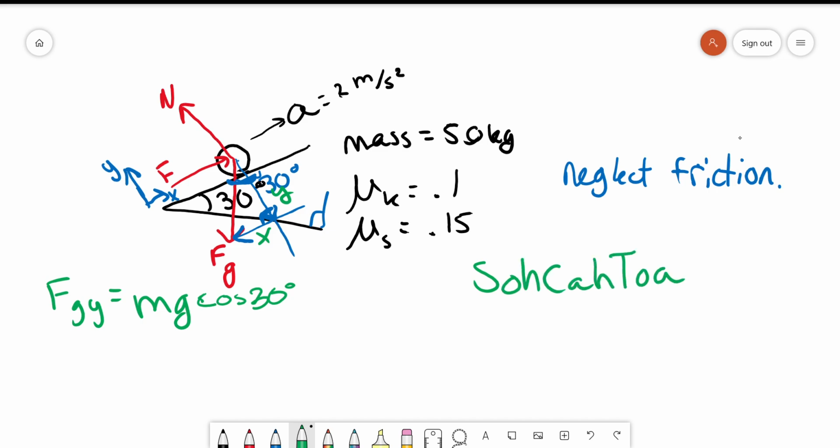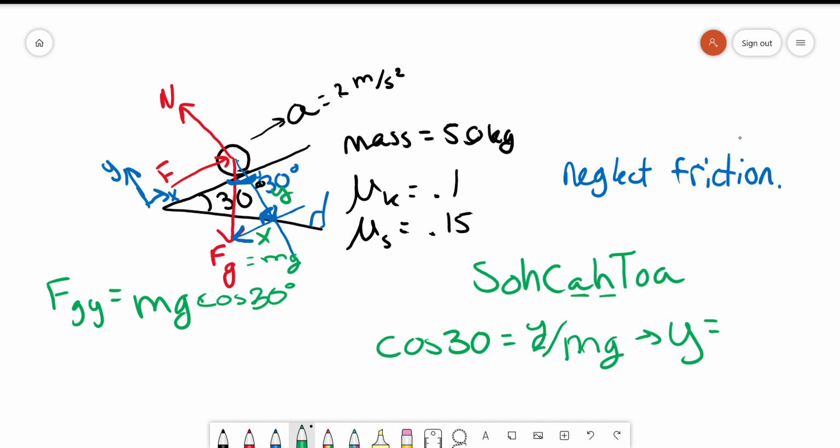Cosine is the adjacent over the hypotenuse, so cosine of 30 is the adjacent, which is y, divided by the hypotenuse, which is mg. If we want to get y by itself, we multiply mg to the other side, and we get mg cosine of 30, which is this over here.